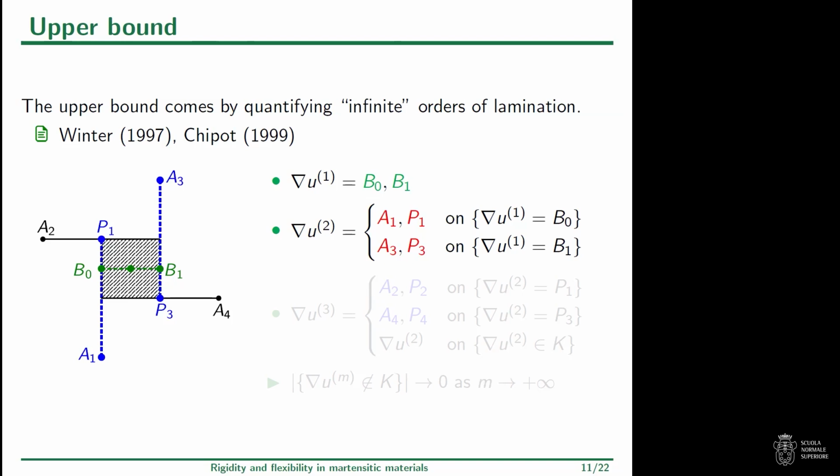Why do I gain now? Because one of the two elements I am laminating with is a stress-free matrix. When the gradient is exactly equal to A1 or A3, I am paying 0 elastic energy. For the rest, I am paying.